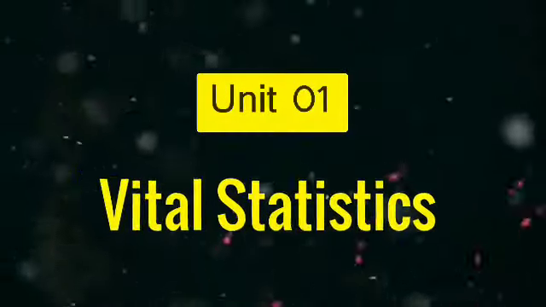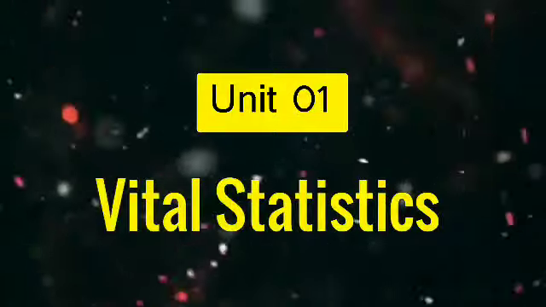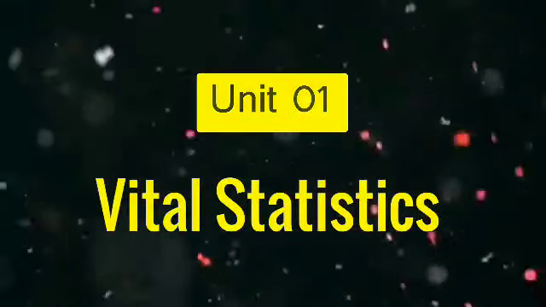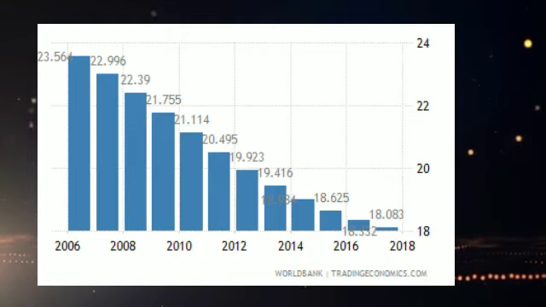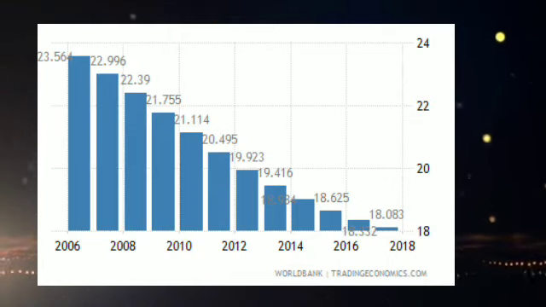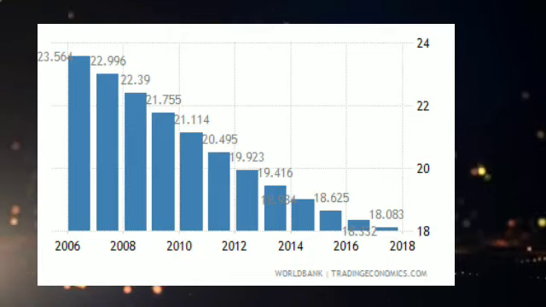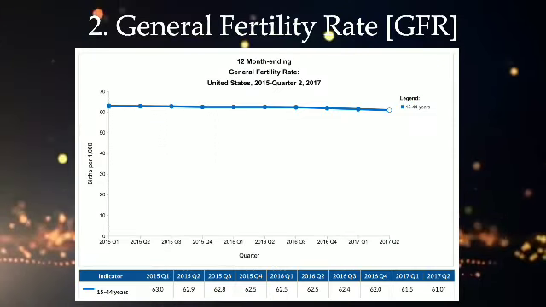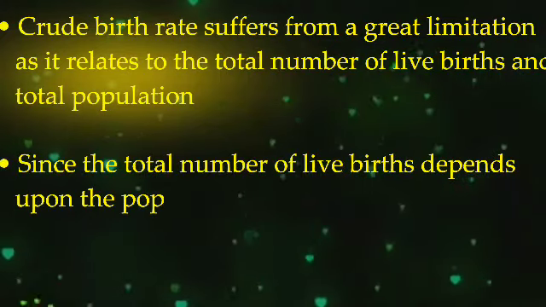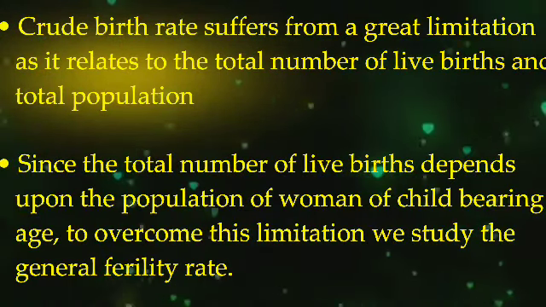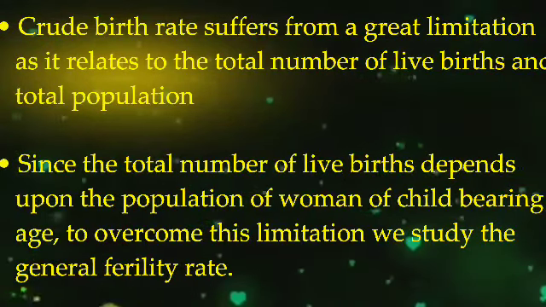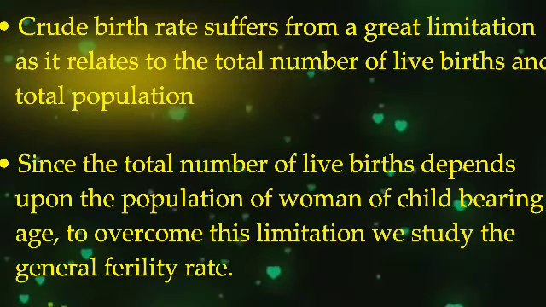In the previous class, we had studied the first measure of fertility, that is crude birth rate. In today's class, we will be studying the next measure, that is general fertility rate. Now, in CBR, in order to find the fertility rate, you should consider the births and the total population irrespective of their gender.